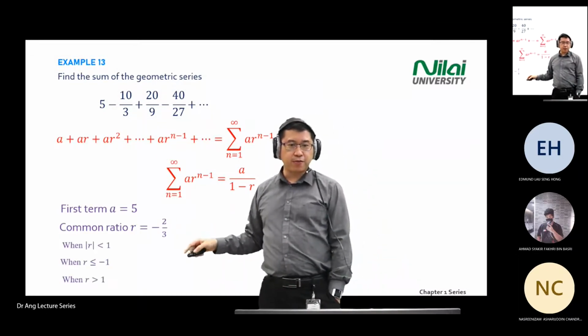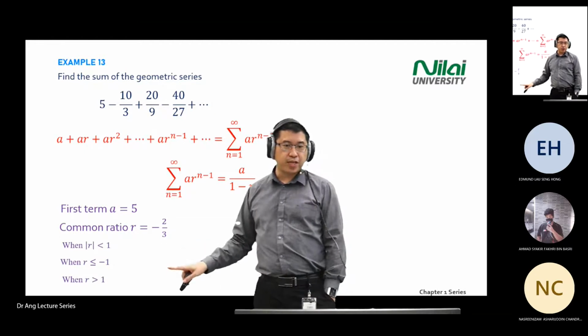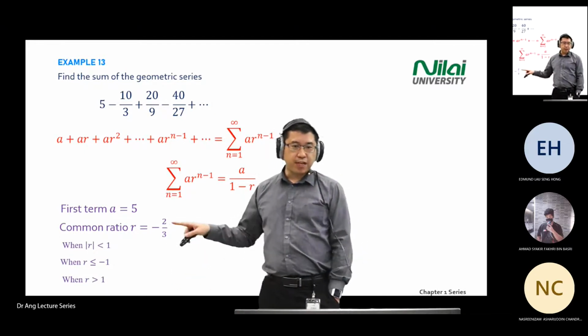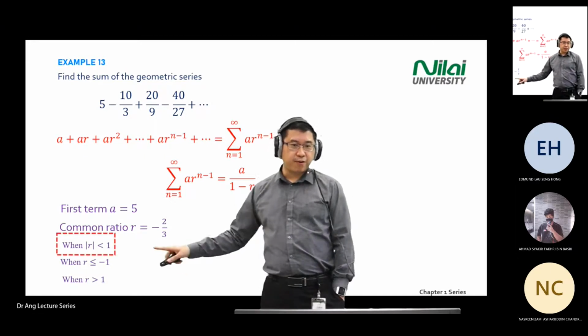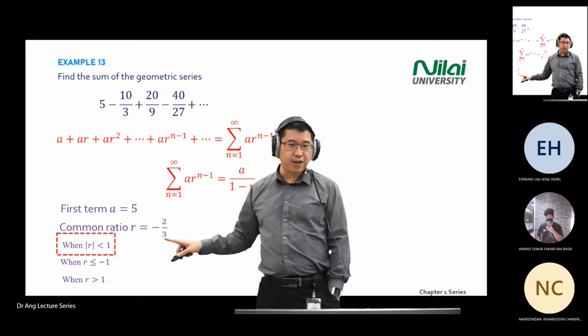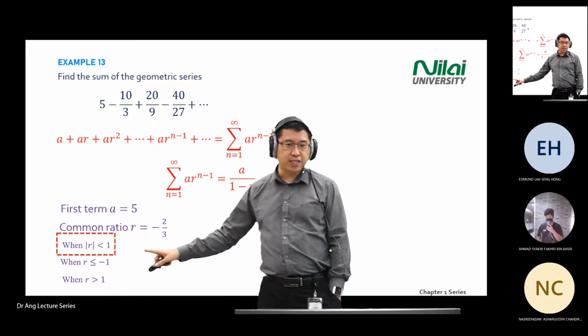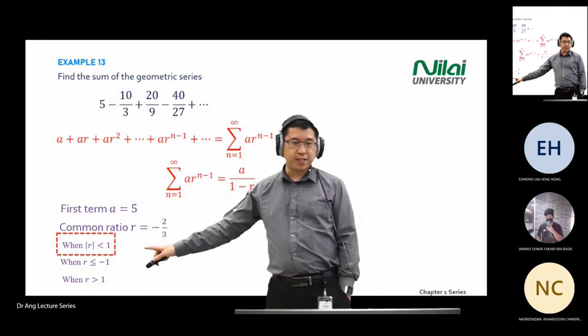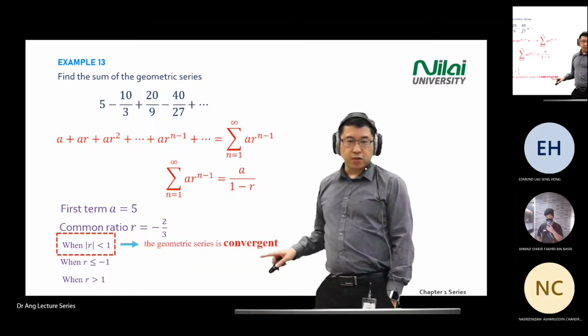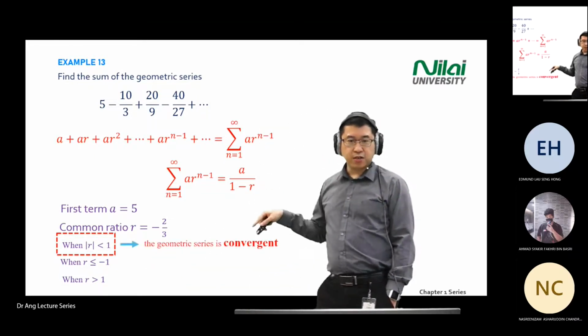So negative 2 over 3, you compare with the 3 scenarios you have there. So negative 2 over 3 fits the first one, because this value, minus 2 over 3, is less than 1. Okay, this one is minus 0.75, less than 1. So this geometric series is convergent.